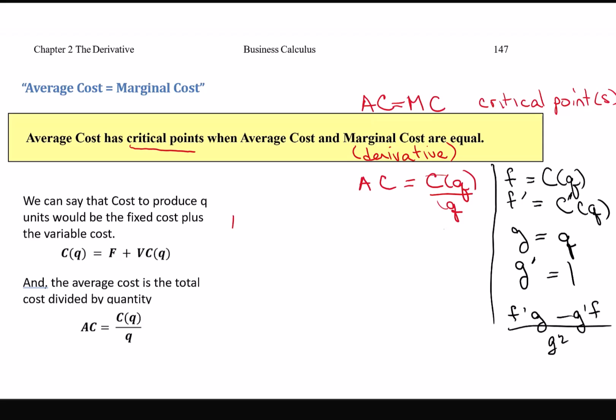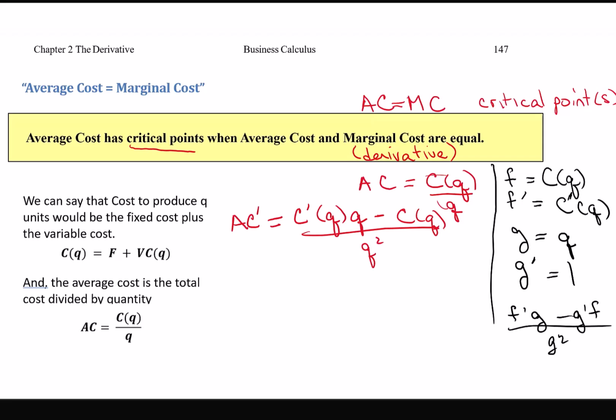Now we have AC prime equals F prime, which is the derivative of the cost, times G, which is the quantity, minus the derivative of the quantity, which is 1, times the cost, divided by G squared, which is Q squared.